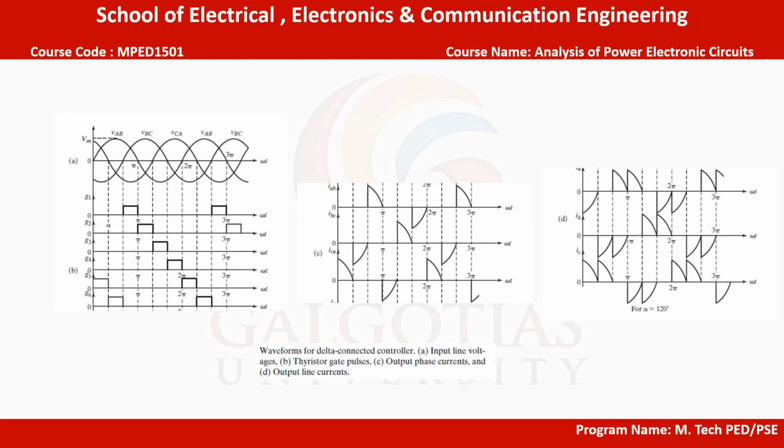So the maximum output voltage would be obtained when alpha is equal to 0, and the range of the delay angle is alpha greater than 0 and less than pi.